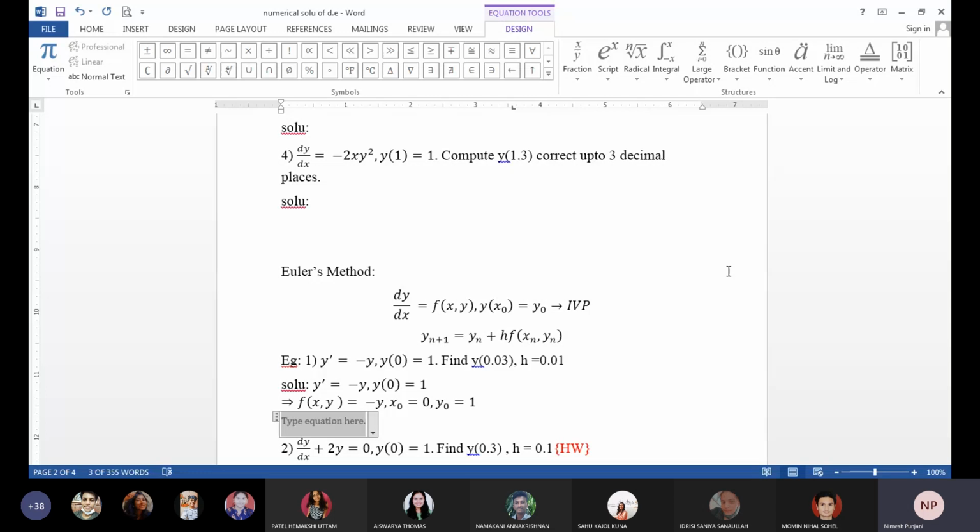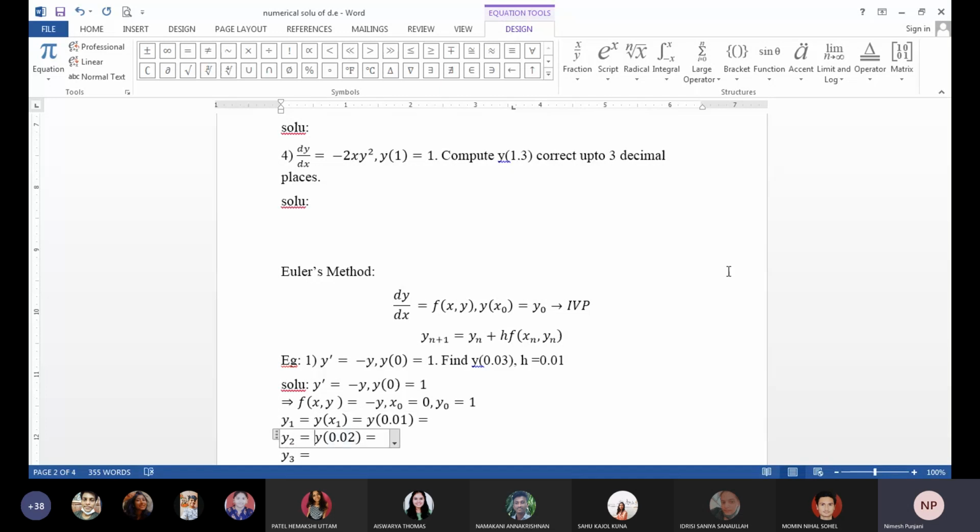That means my y1 will be y of 0.01, y2 will be y of 0.02. Same idea as what we do for interpolation. I will write it like this: it is y of x1.